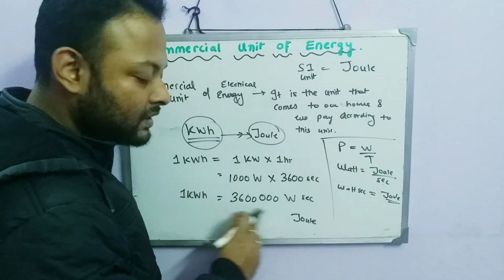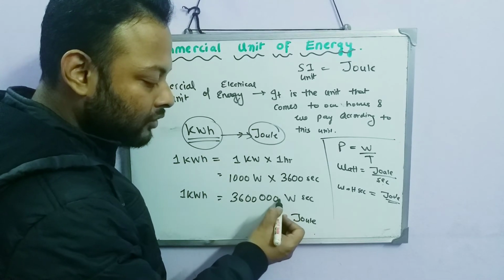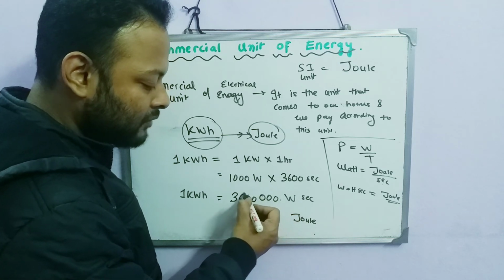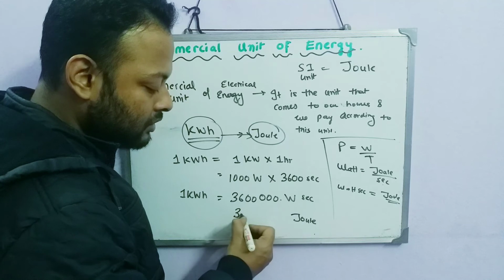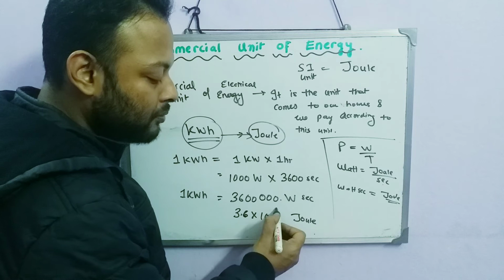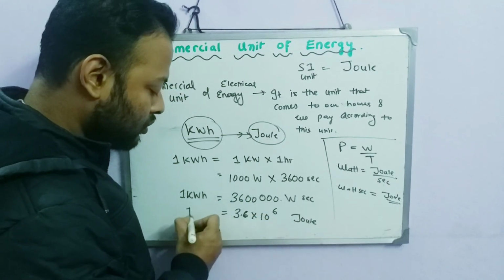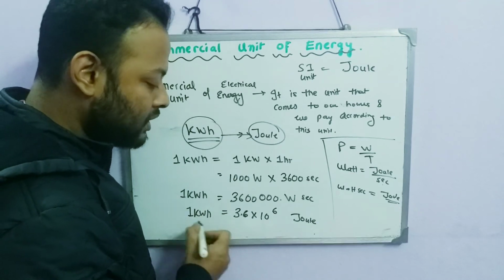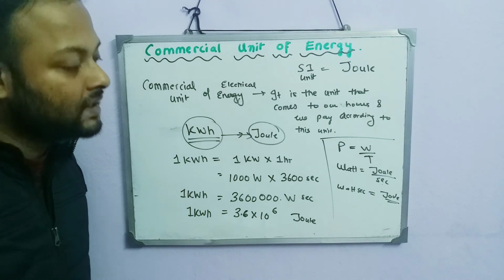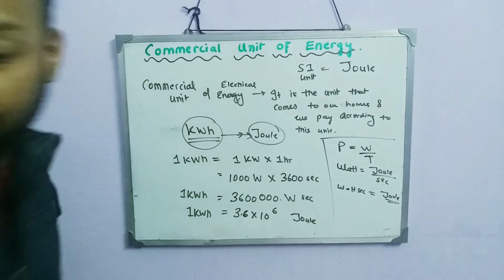And if we write this in the standard form of physics, we shift the decimal point six places to the left, so it becomes 3.6 into 10 to the power of 6. So 1 kilowatt hour is equal to 3.6 into 10 to the power of 6 joule. That is the relationship between kilowatt hour and joule.